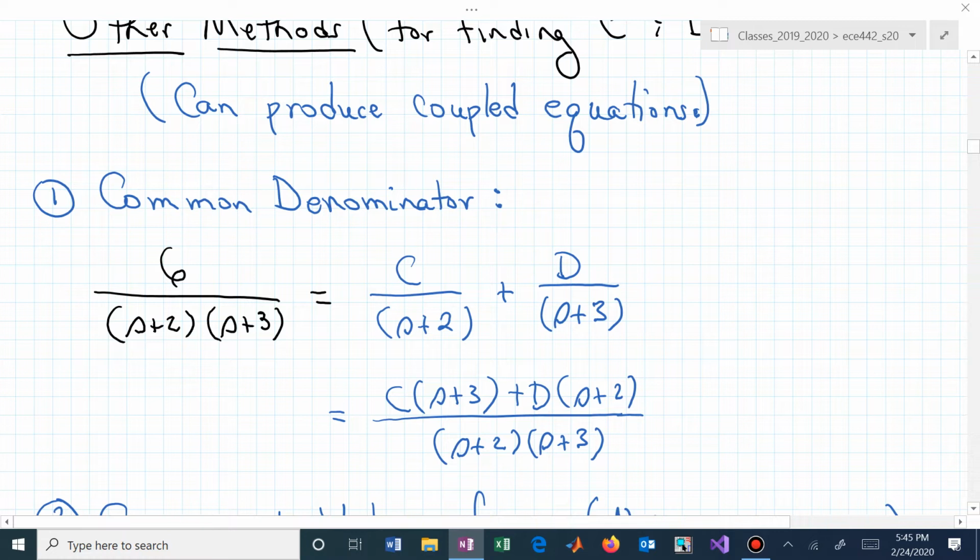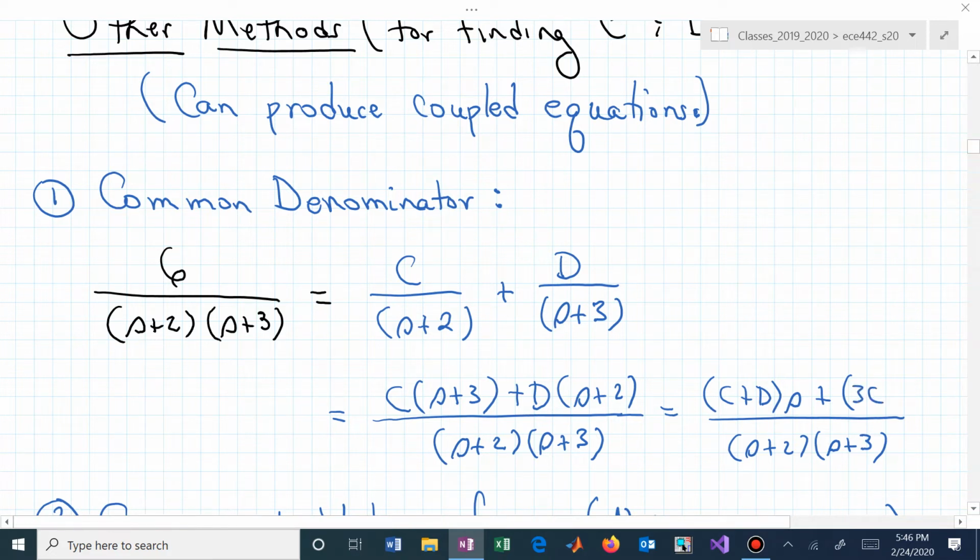Let me do one more step. Let me distribute C and D and combine so that now we have C plus D scaling s, and we have 3C plus 2D scaling s to the power 0, that's our constant term.